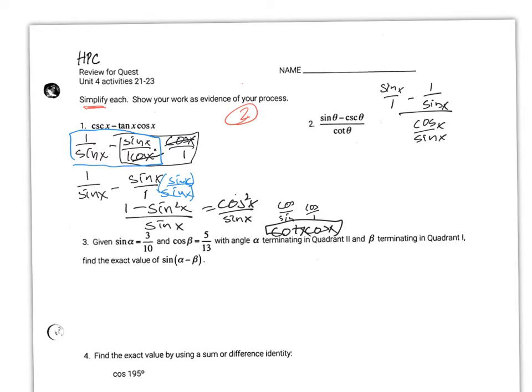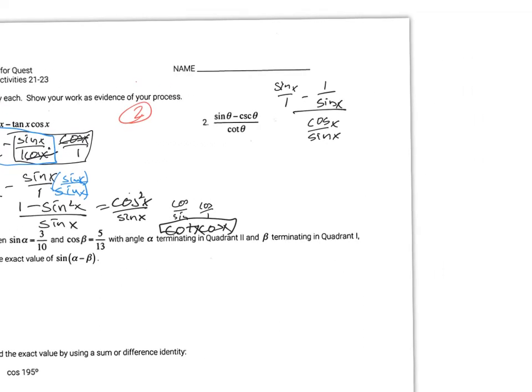So that's a choice. I'm going to go ahead and get a common denominator in the numerator and then simplify my complex fraction. So this is going to be sine is the denominator, and we have to multiply this one by sine. So we get sine squared x minus 1 over cosine x over sine x.